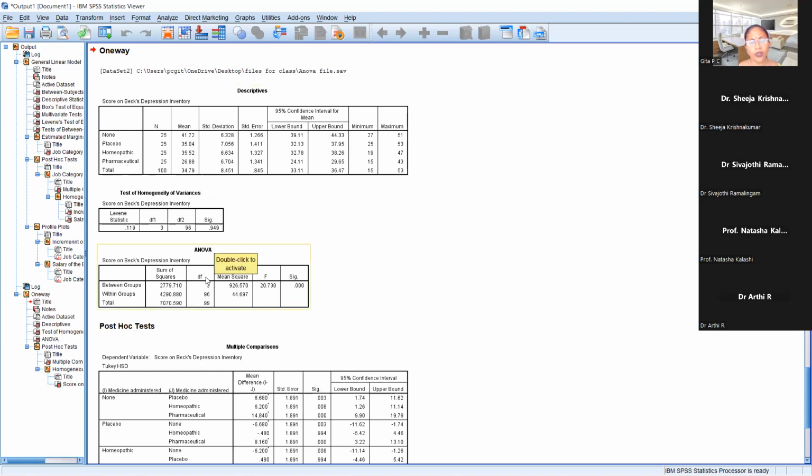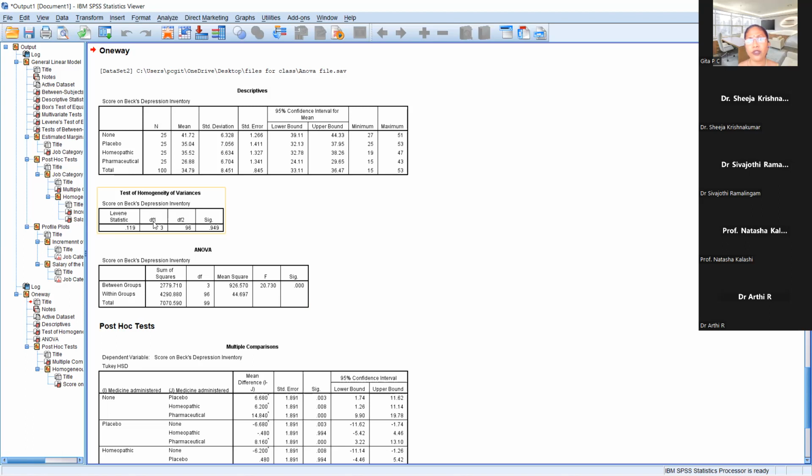So before going to the ANOVA table, let us look at the test of homogeneity of variance. What it actually means is that the variance should be homogeneous among different populations or different groups. If you want the groups to have homogeneous populations, then your null hypothesis should be accepted, right?